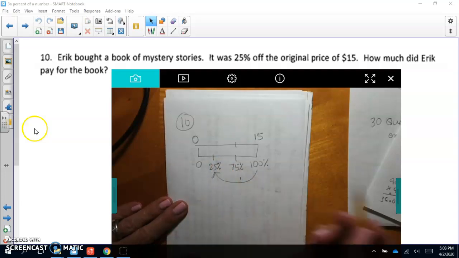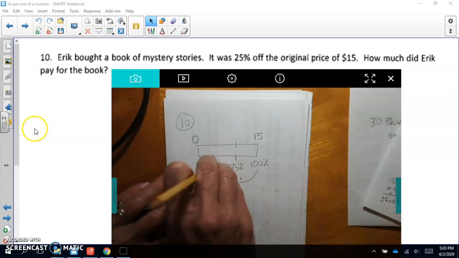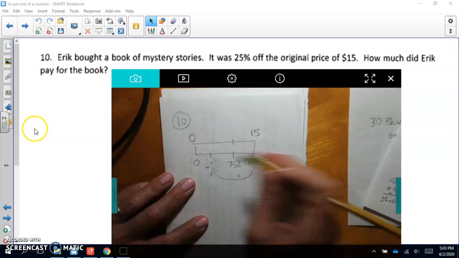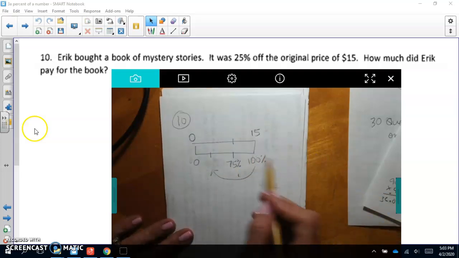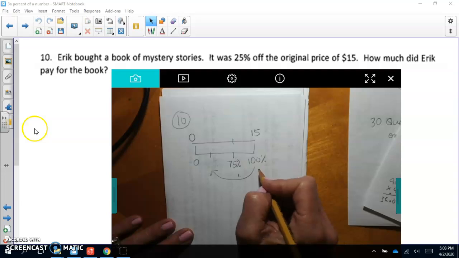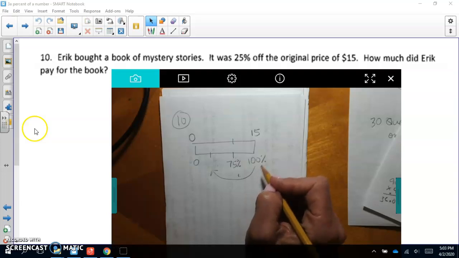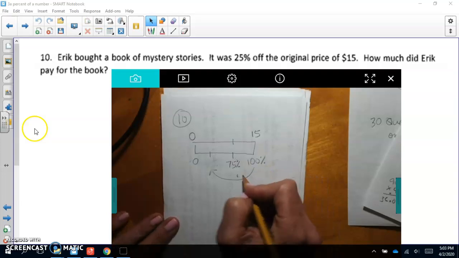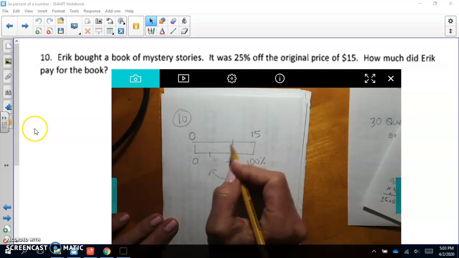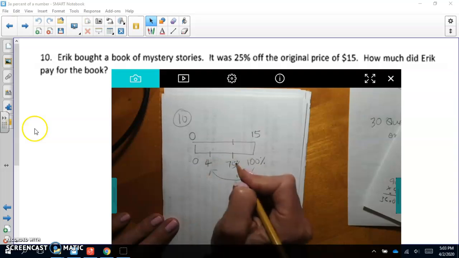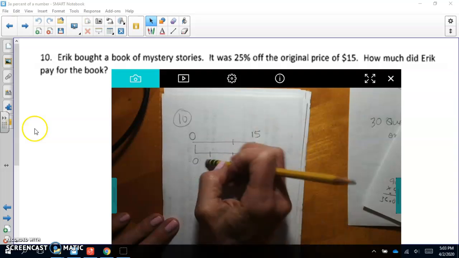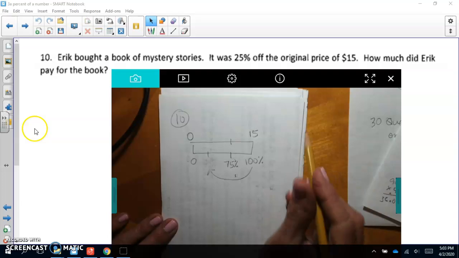So let's divide by 25, is that right? Let's see. Our greatest common factor here between these two is 25. So if we divide by 25, maybe I'll get 4%. Okay, so that's what I want to do, is get to 4%, but then I got to multiply by, I don't know what to do here. Let me think for a minute.